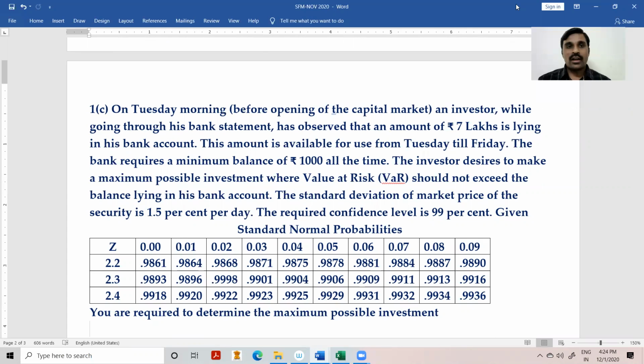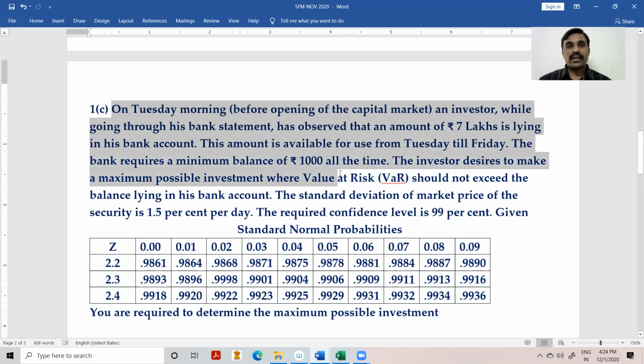This is 1C. On Tuesday morning, before opening of the capital market, an investor, while going through his bank account, has observed that an amount of rupees 7 lakhs is lying in his bank account. This amount is available for use from Tuesday till Friday. The bank requires a minimum balance of rupees 1000 all the time.